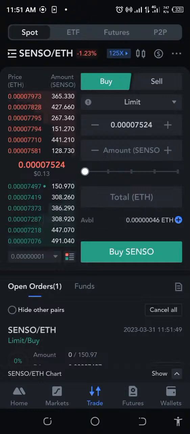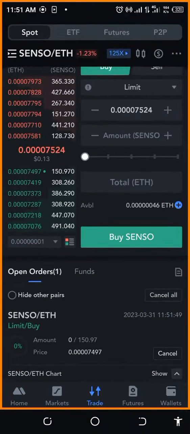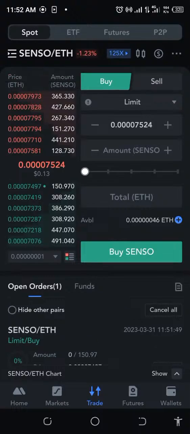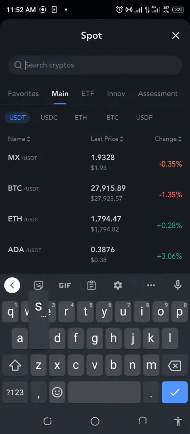Okay, so what we got was 150.97, I guess. 150.97. Okay, let's quickly go and see if we sell this, to Senso USDT, how much we're gonna make.